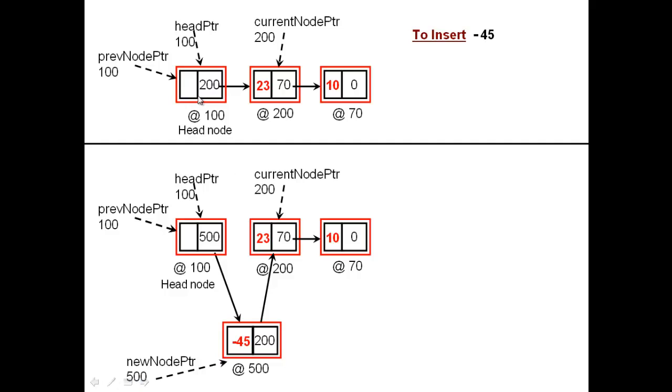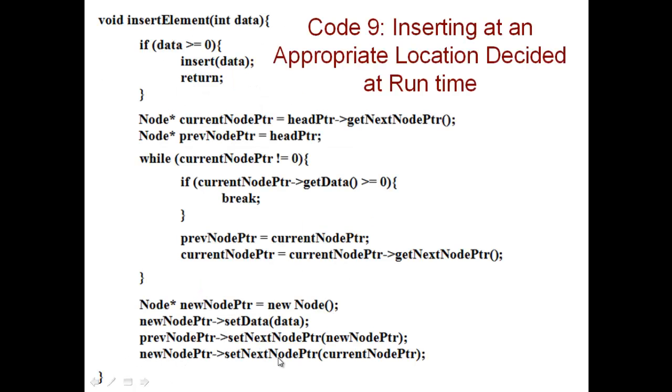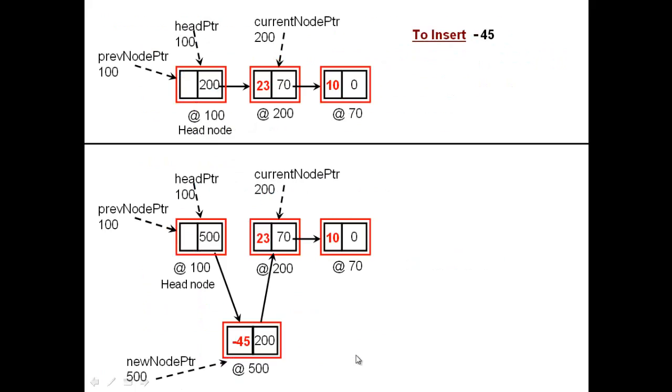So instead of 200, the next node pointer value is now 500. And the new node's next node pointer can be set to the value of current node pointer, so that way you have this 200. So the new node's next node pointer value is now current node pointer. That way you can set up this link, and the first negative integer gets inserted right at the beginning of the list.